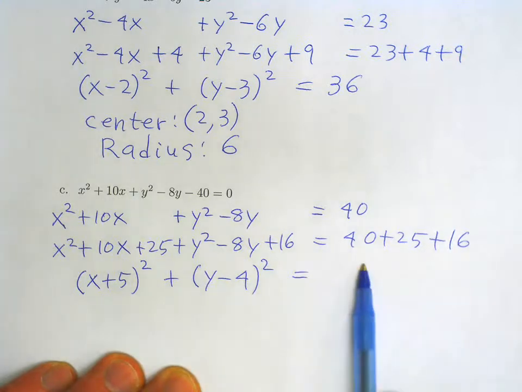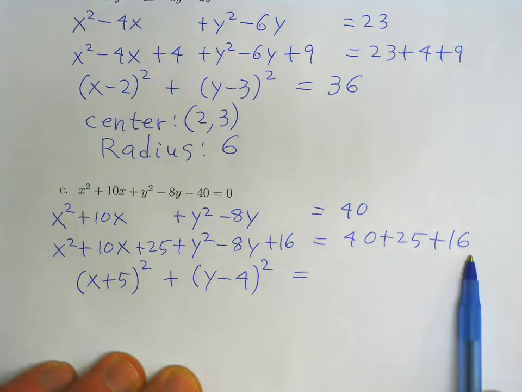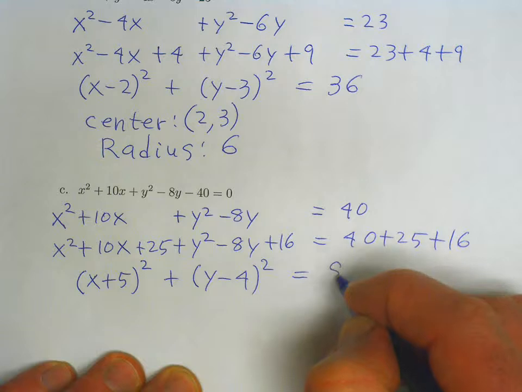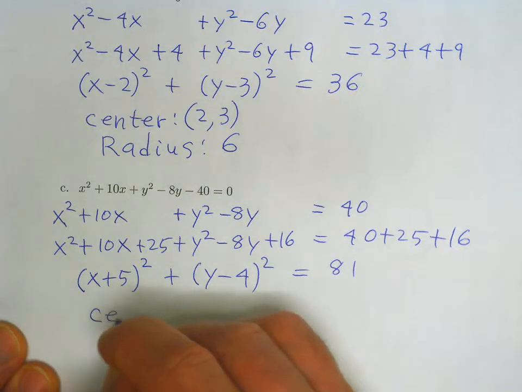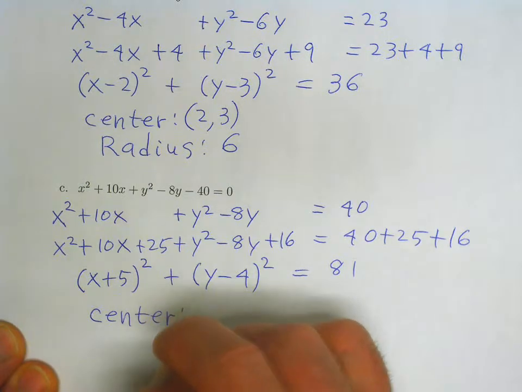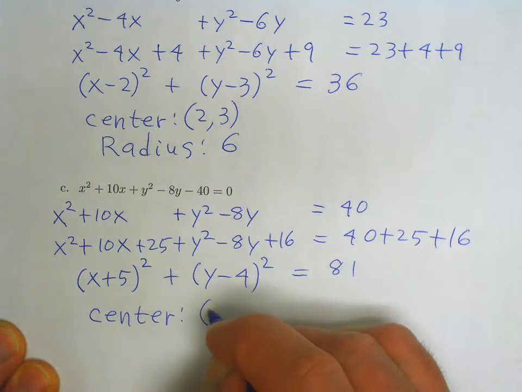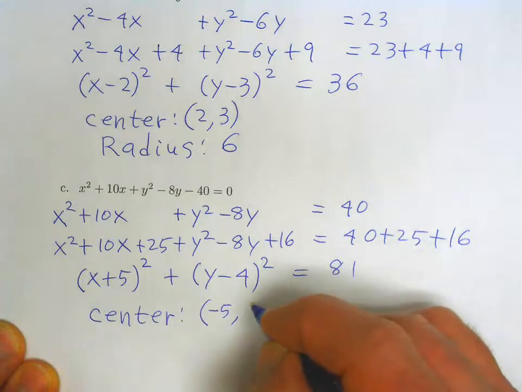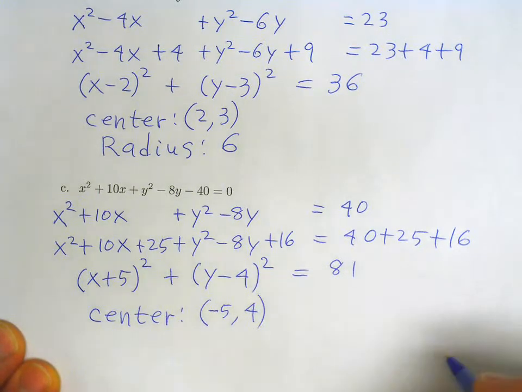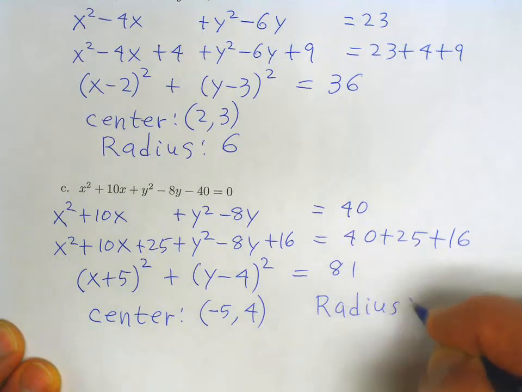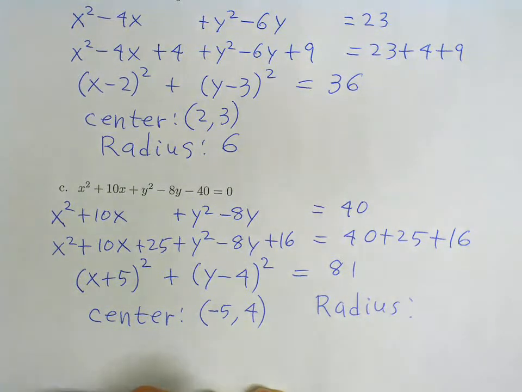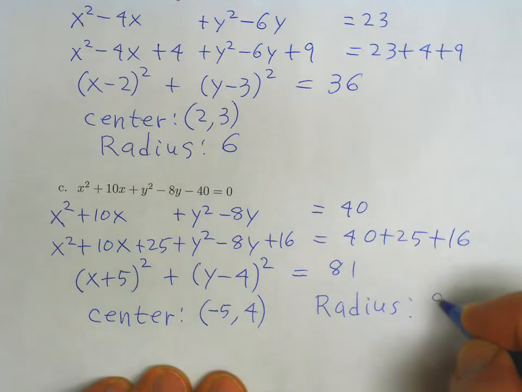And then on the right-hand side, 40 plus 25 plus 16 is 81. So the center of the circle has an x-coordinate of negative 5, a y-coordinate of positive 4, and the radius is the positive square root of 81, which is 9.